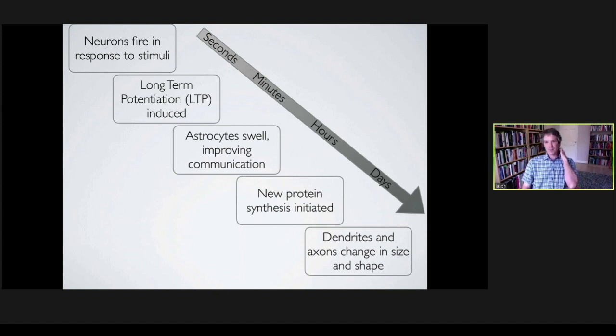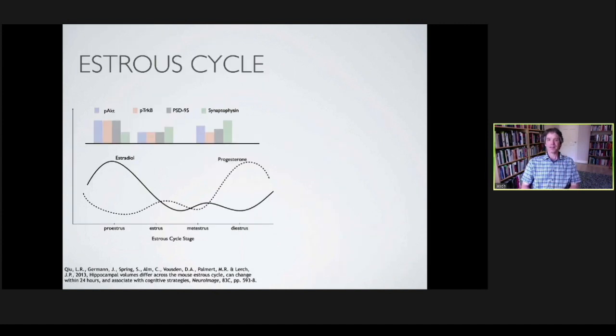So a natural experiment that people have been using in order to understand this is to look at the estrus cycle in female mice. This was initially done in a few studies in rats and also replicated in mice, where across the estrus cycle, which lasts 4 to 5 days in mice and has 4 different stages, in proestrus, you have high estradiol, and that changes the number of spines that you have in the hippocampus.